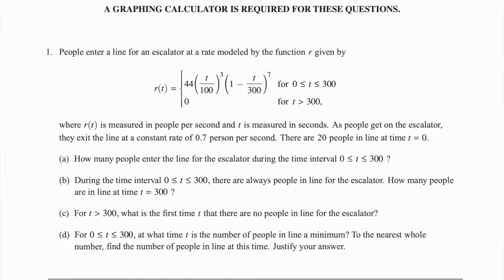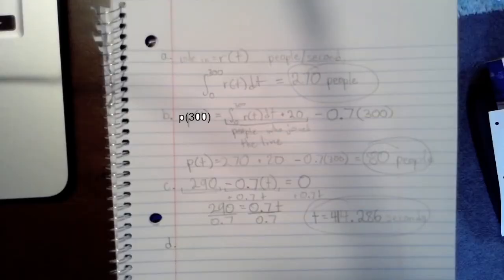For time is greater than 0 and less than 300, at what time t is the number of people in line a minimum? To the nearest whole number, find the number of people in line at this time and justify your answer. Okay, so number of people, that's just going to be our population.